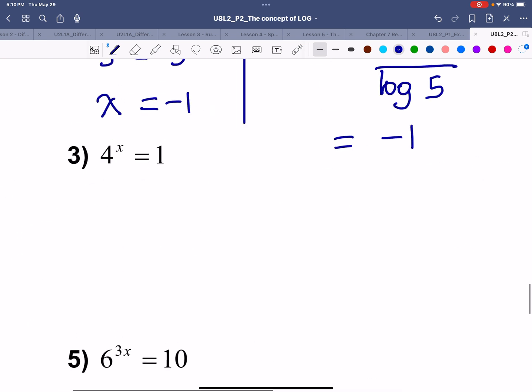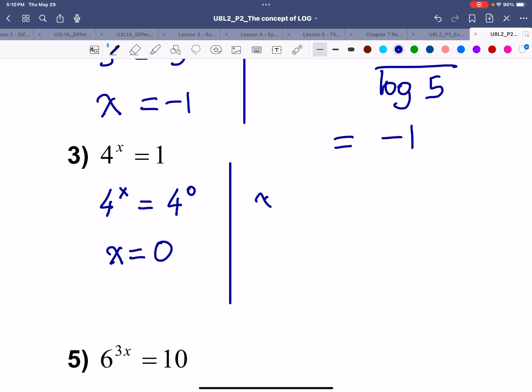Now, in the next example, we have 4 to the power of x equals 1. Again, if 4 to the power of x equals 1, we can write number 1 as an exponential number with base 4 and exponent 0. So in this case, we're going to say x is equal to 0. If you were to use logs again, you're going to say that x equals the exponent, or the log, we must give the base 4 in order to obtain number 1.